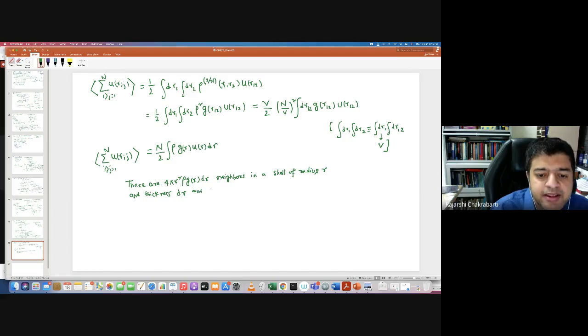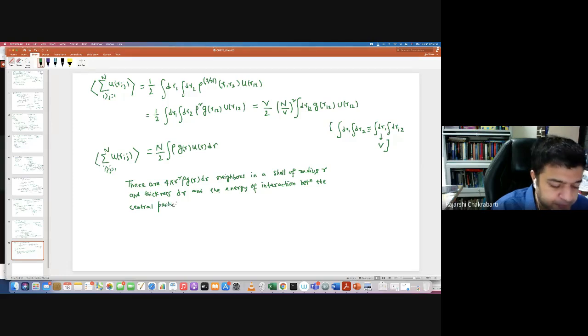And the energy of interaction between the central particle, the tagged particle essentially, and this neighbor is U(r).